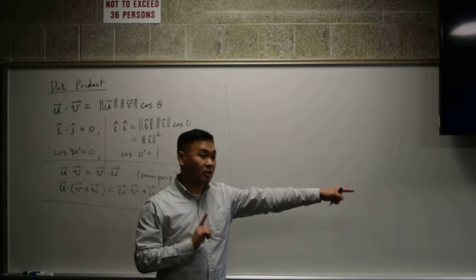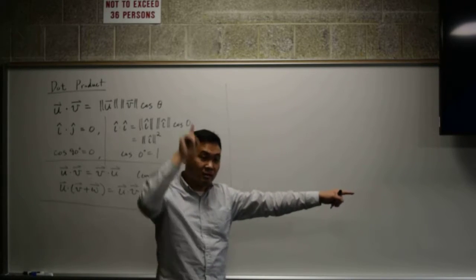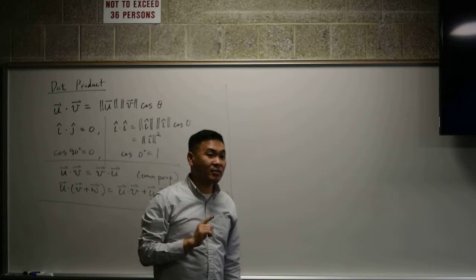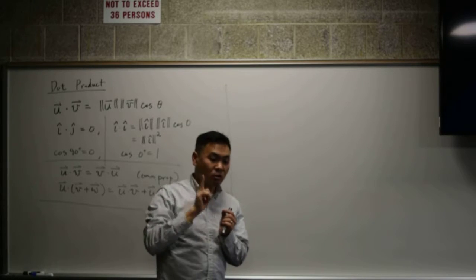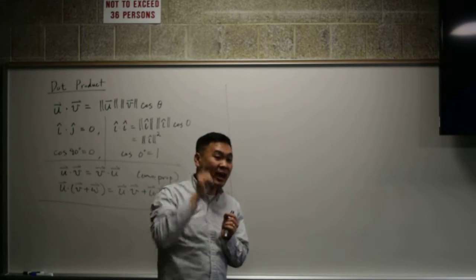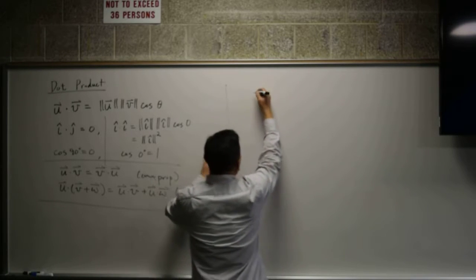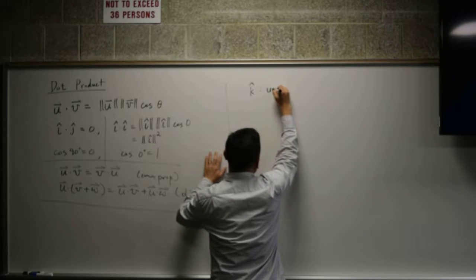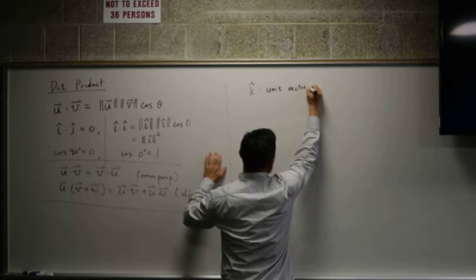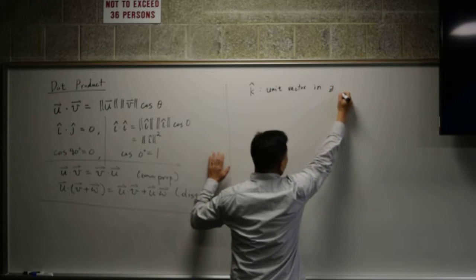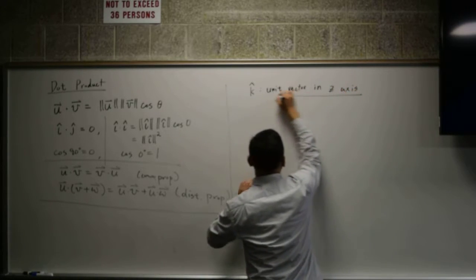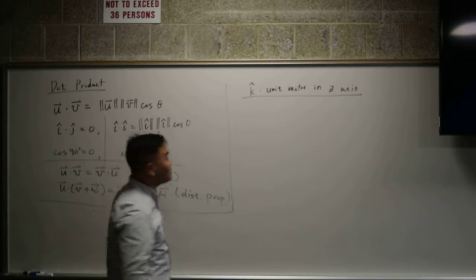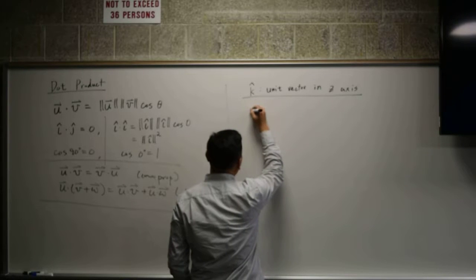In 3D, the height information is given by the z-axis, and the z-axis has this unit vector, which we call the k vector. So the k vector is the unit vector in the z-axis.